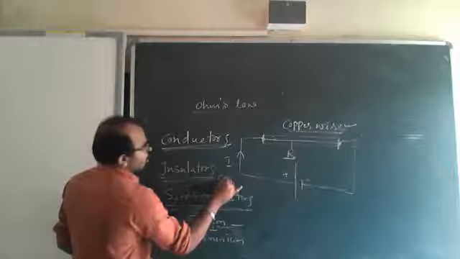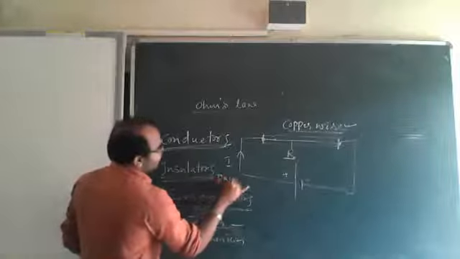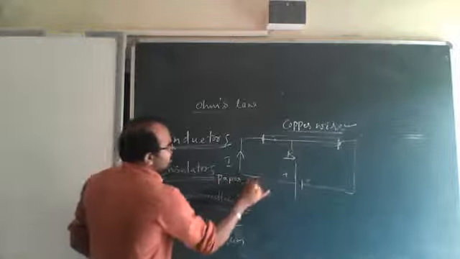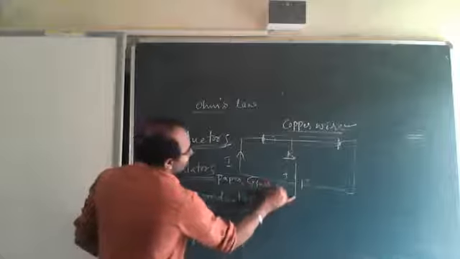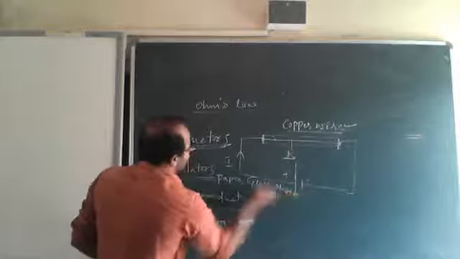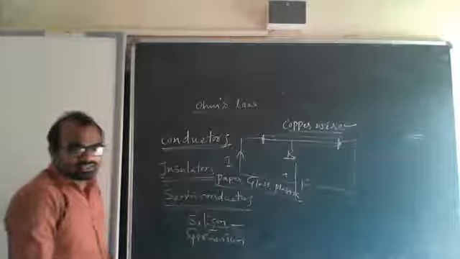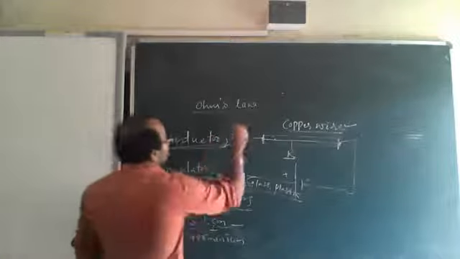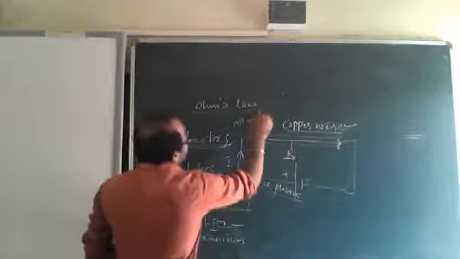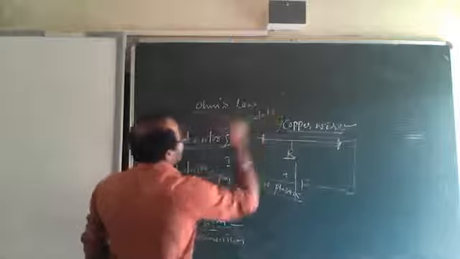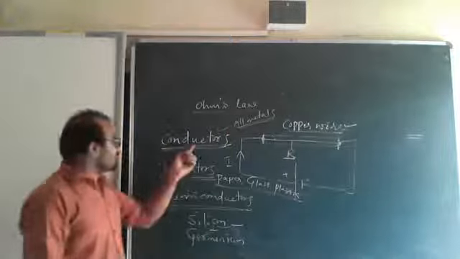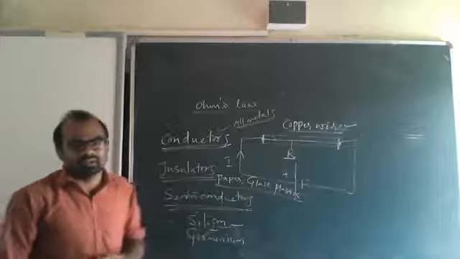Insulators you know. Examples are paper, glass, plastic. What about conductors? All metals are good conductors of electricity. So these are conductors, insulators and semiconductors.